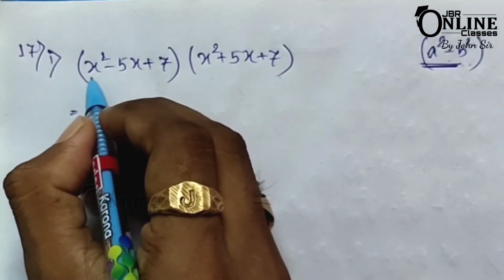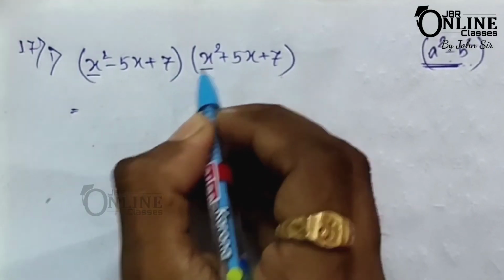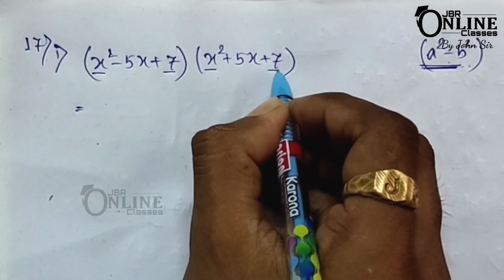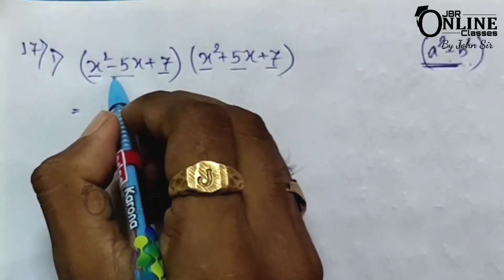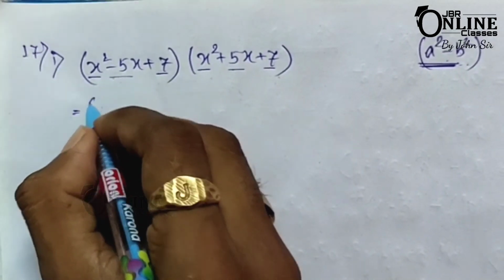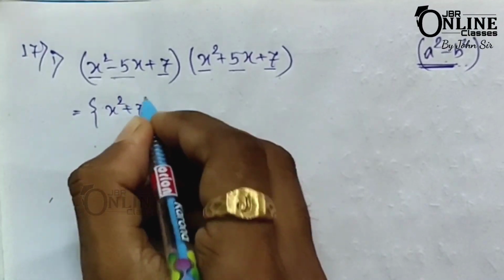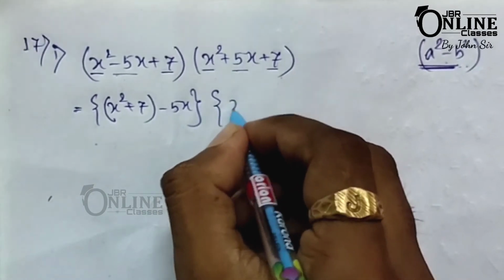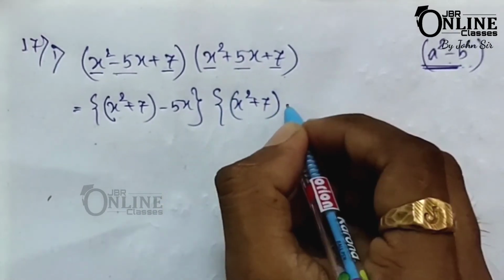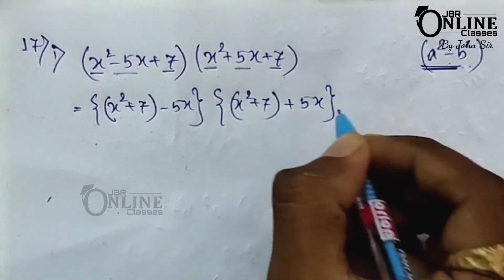So just look here, x square both are positive, plus 7 both are positive, but minus 5x and plus 5x are of opposite sign. So you can write it this way: (x square plus 7) in a bracket, then minus 5x, and from the second one (x square plus 7) in a bracket and then plus 5x.